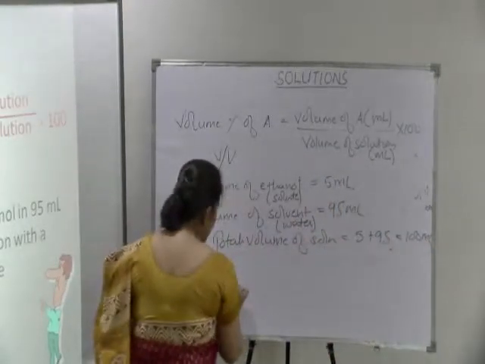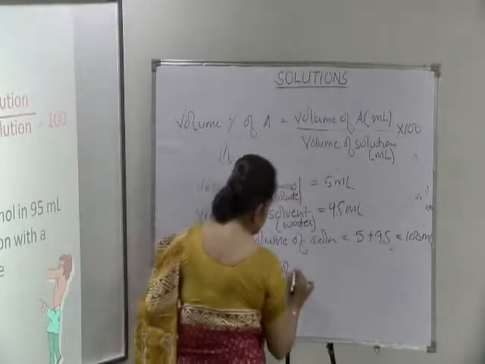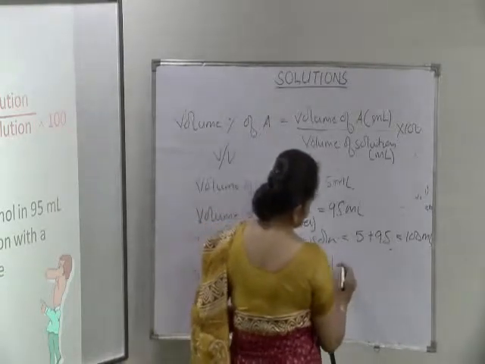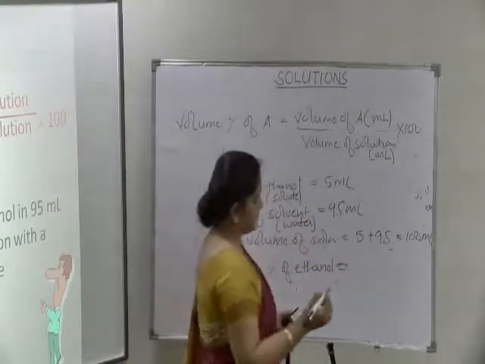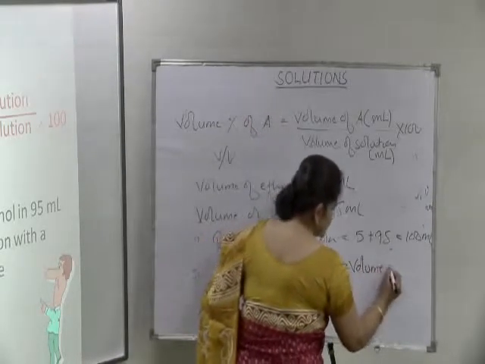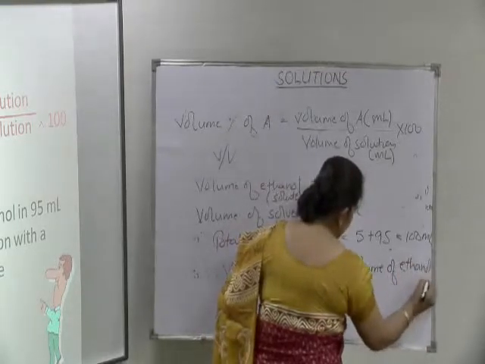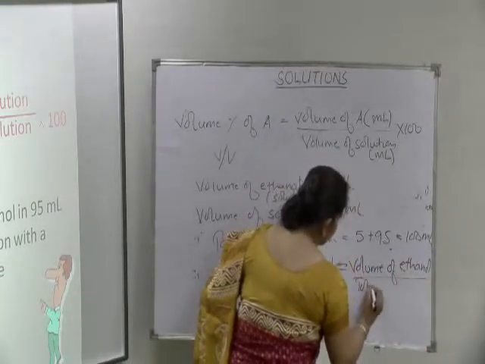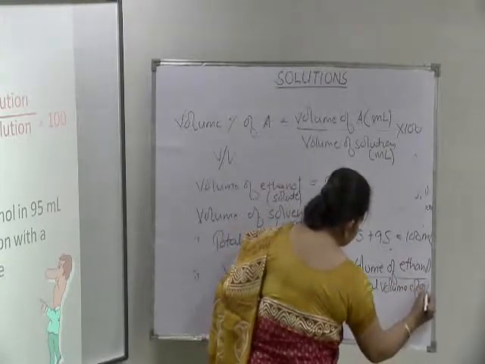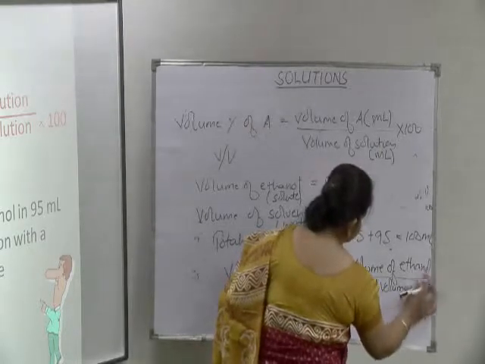Therefore, the volume percentage of ethanol will be, just see the formula. What was the formula? It was the volume of solute, that is here ethanol, upon the total volume of solution, multiplied by 100, the whole thing.